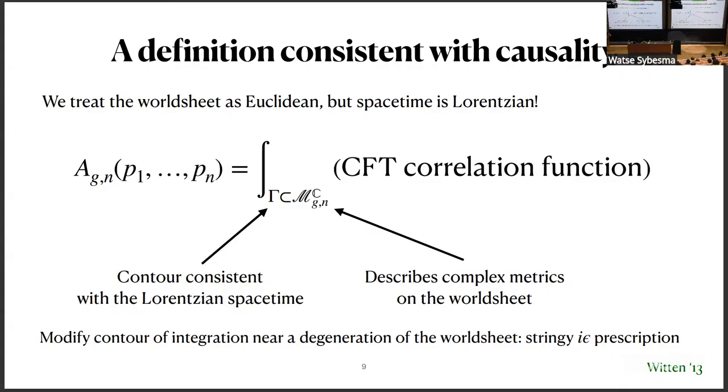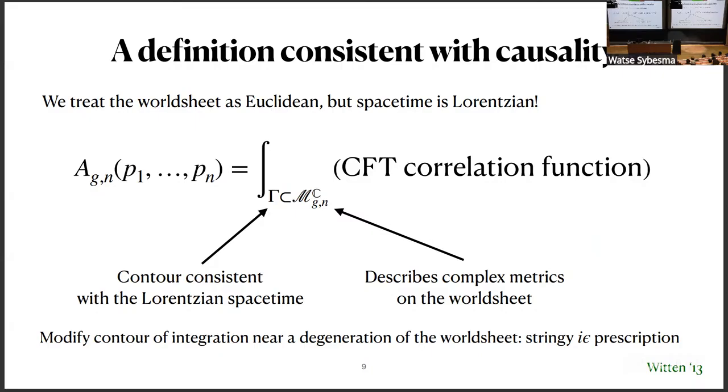How do you modify it? Well, if you're close to the boundary, you're talking about IR, you're talking about low energy. So you're close to field theory, and one of the moduli becomes the Schwinger parameter in field theory, which is the proper length of the worldlines. And you're just Wick rotating it to a Lorentzian proper length. And that means something on the level of the moduli, and it defines this contour.